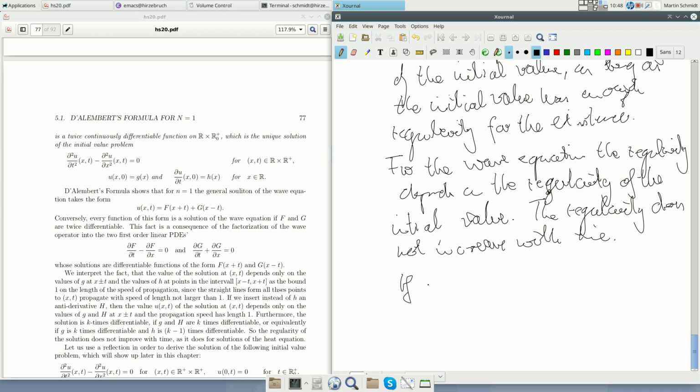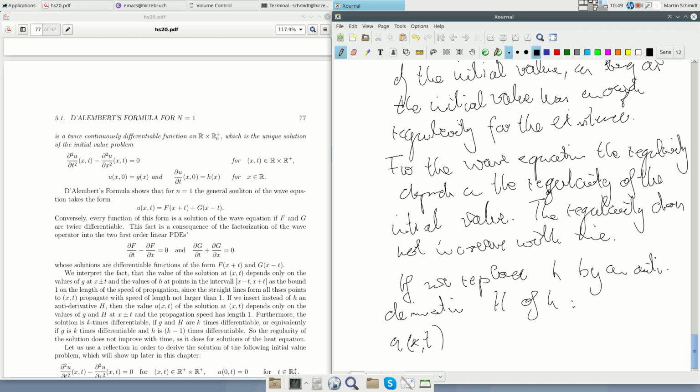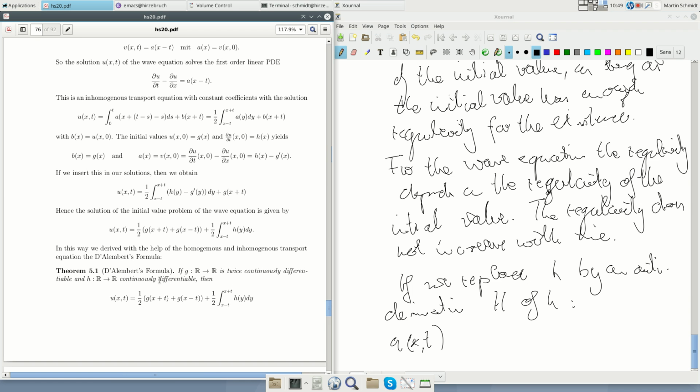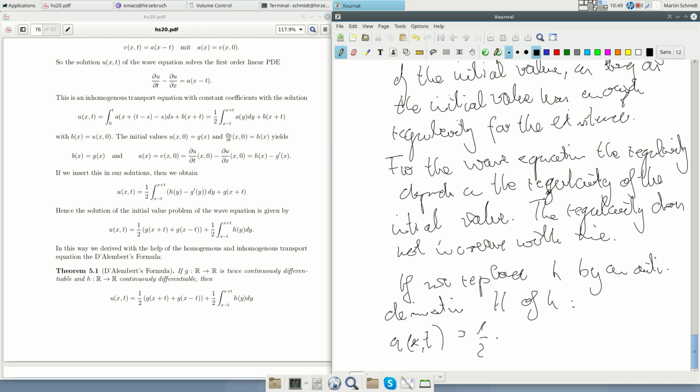If we replace h by an antiderivative, capital H of h, then how does the formula look? D'Alembert's formula for u of x,t is then clearly 1/2 times g of x plus t plus g of x minus t, and then we have H of x plus t minus H of x minus t.